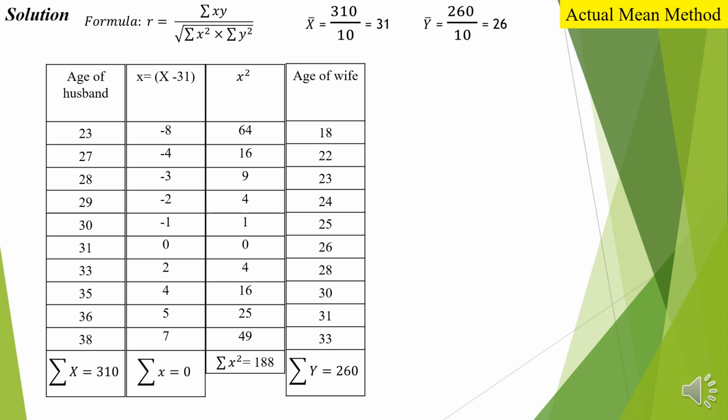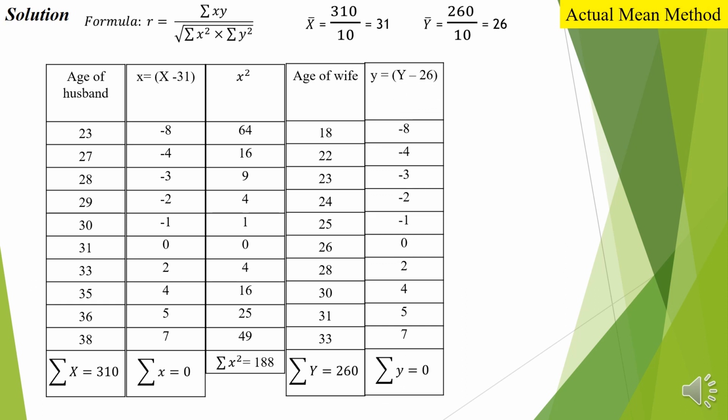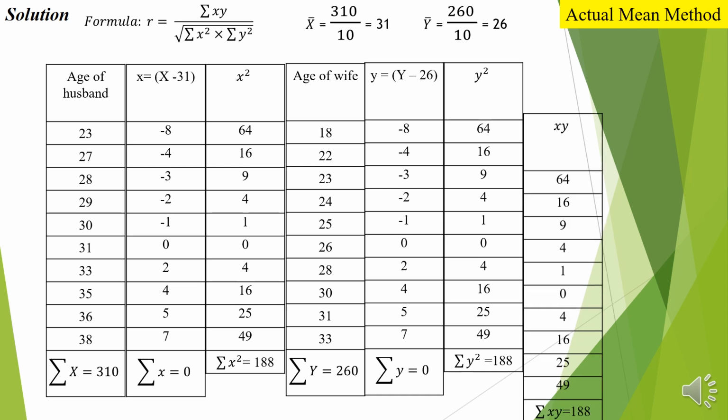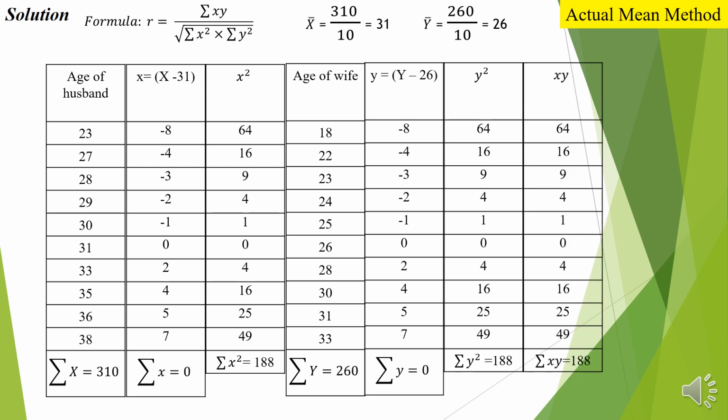Now we can find y, that is Y minus Y bar. This column gives you the y values, and now we can find y square. This column shows the y square values. The last one required for the formula is xy, so we multiply small x into small y, and the sum of that is 188.